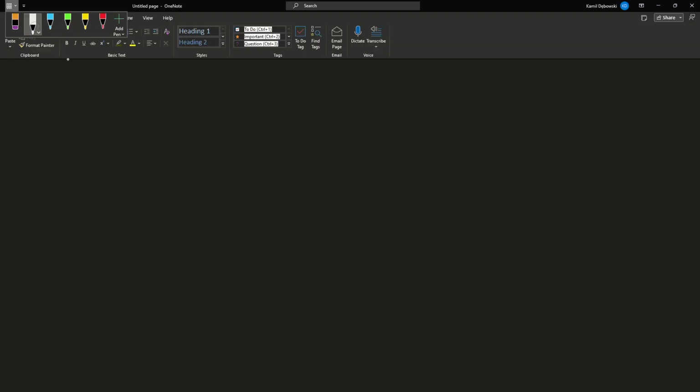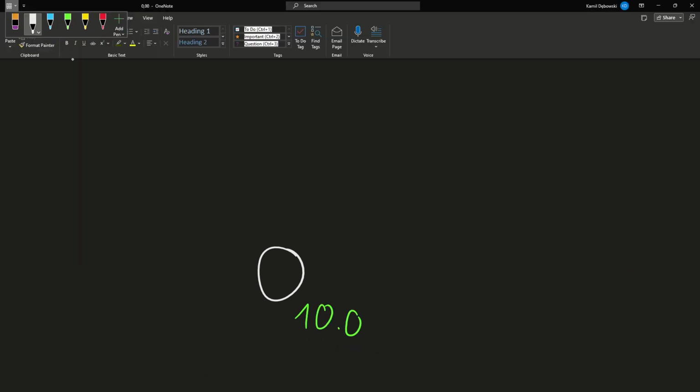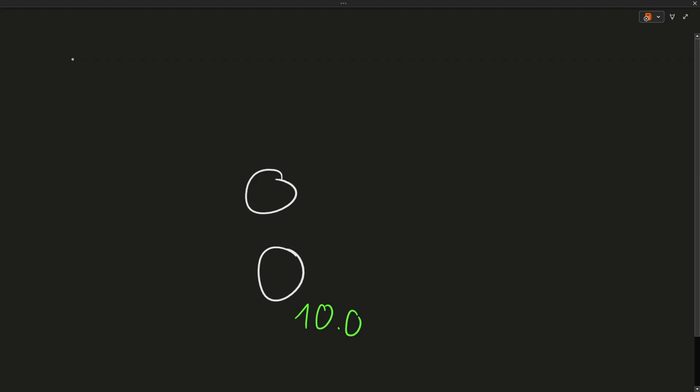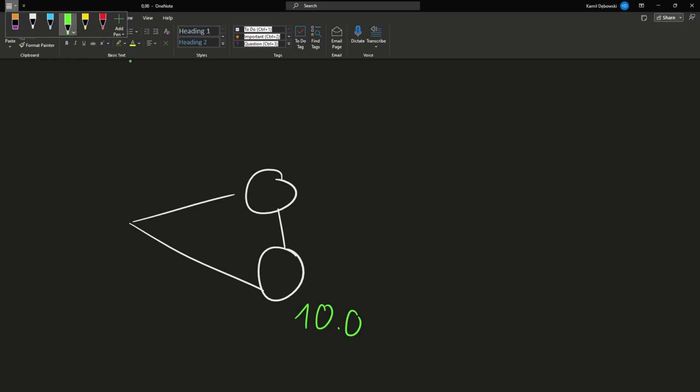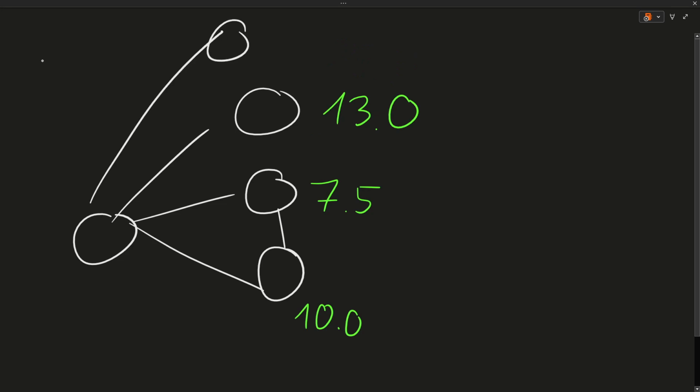For example, here I see a node with value 10.0, and this is the lowest value not considered yet. There are here some other nodes that are neighbors to my neighbor. Let's say that here is 7.5, here is 13.0, and there is here infinity, because initially everything is equal to infinity.